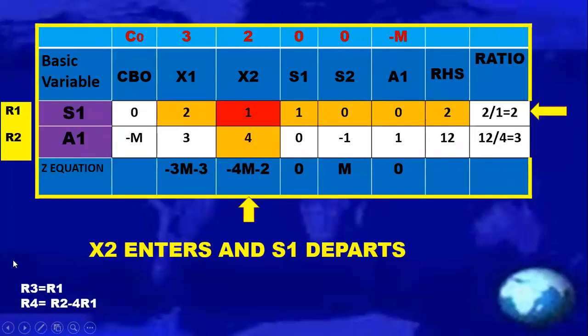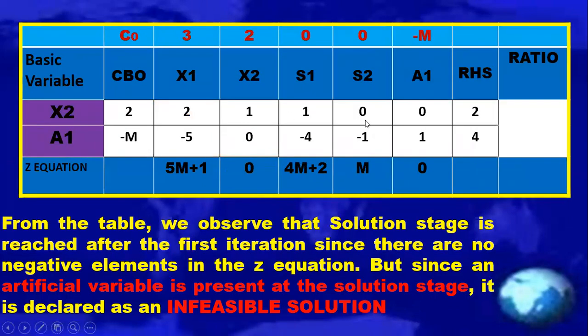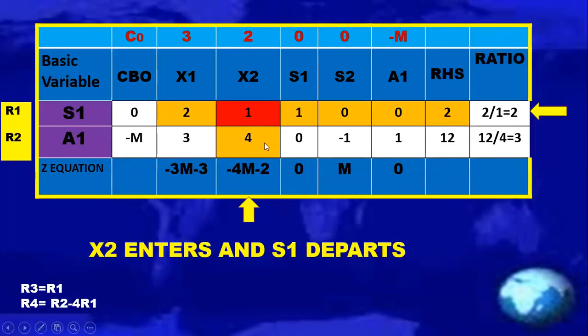So we know that R3 is equal to R1, so the same row you have to write. Whatever row operation you do will be applied to the entire row. So the same values: 2, 1, 1, 0, 0, 2. Next, this 4 has to become 0 in the next table.